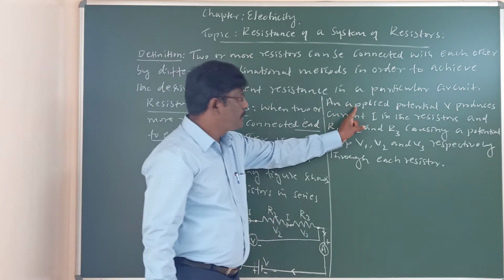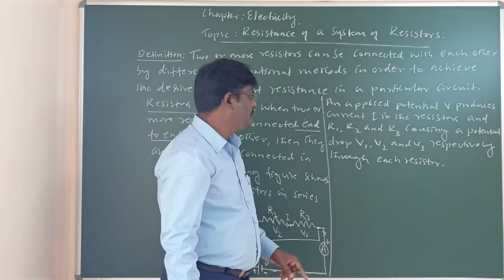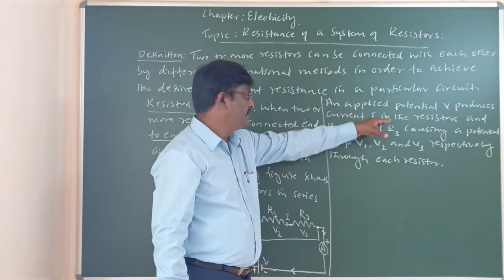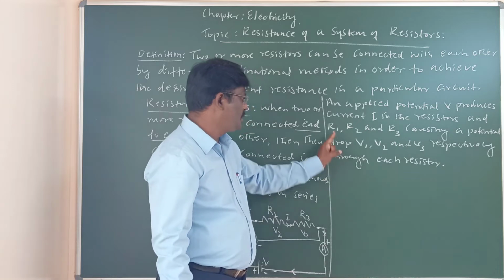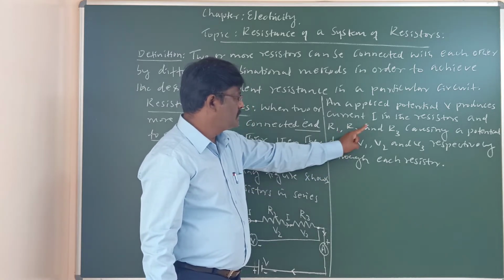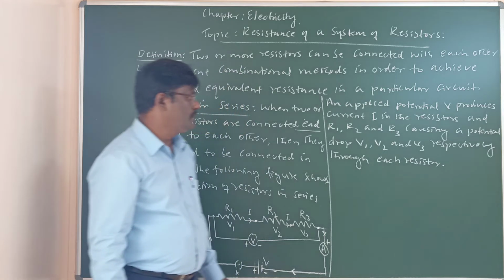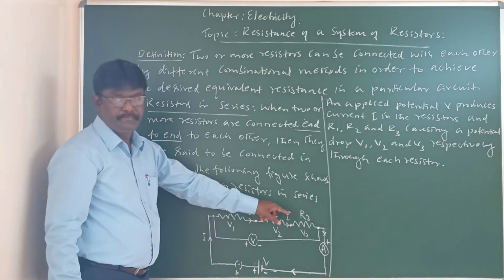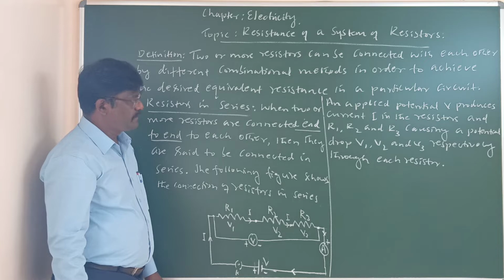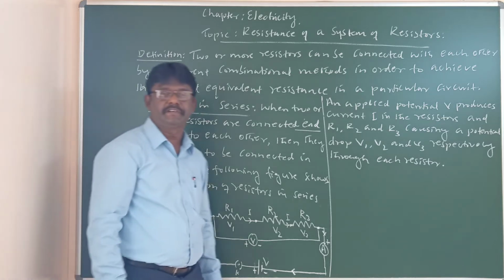Now, an applied potential V produces current I in the resistors R1, R2, R3, causing a potential drop V1, V2, V3 respectively through each resistor.